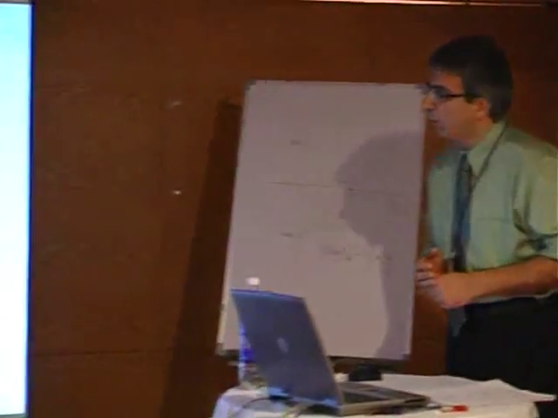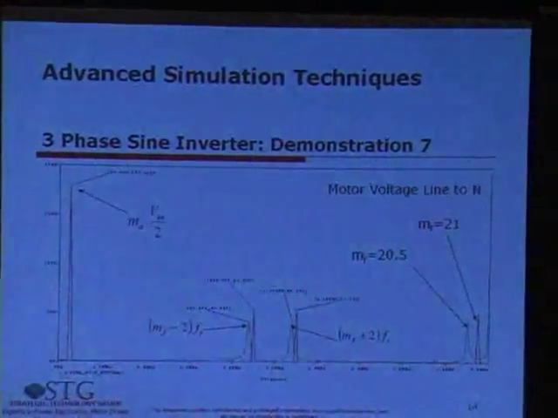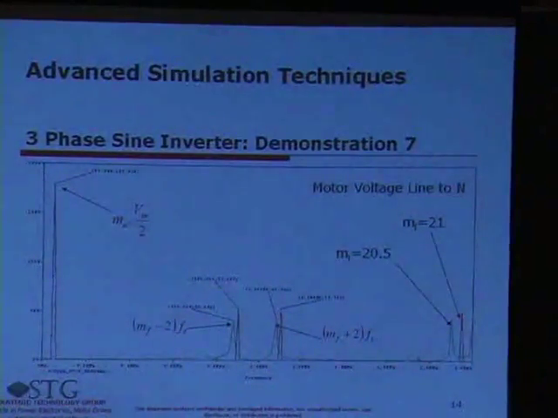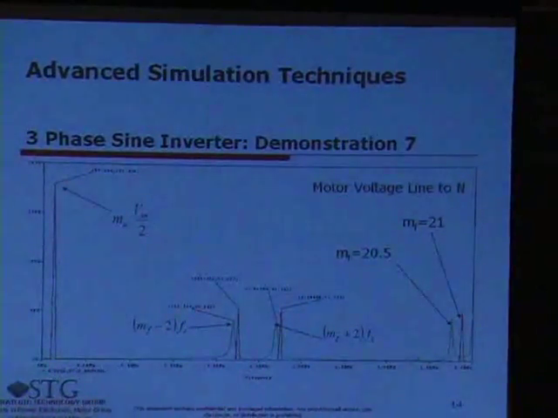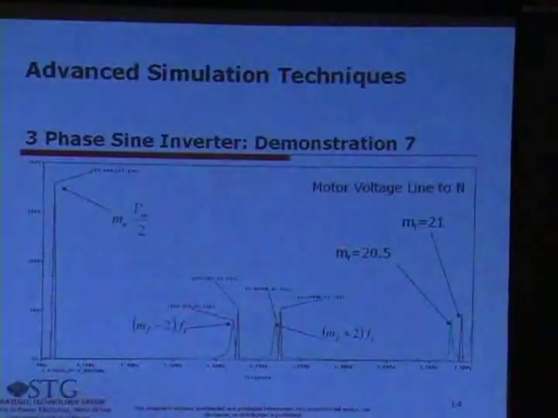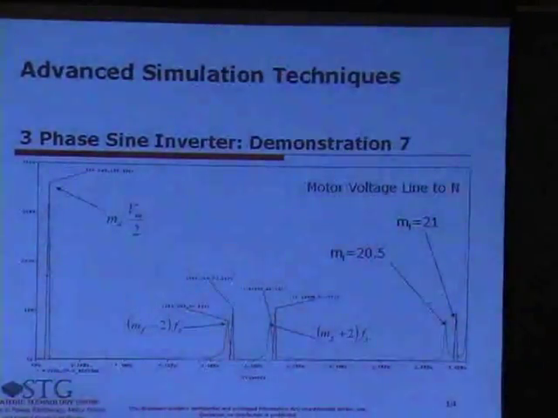This one shows motor voltage line to neutral. So you have the side bands, MF minus 2, MF plus 2, which is what you were referring to. And then MA times Vin by 2 decides the amplitude of the voltage.